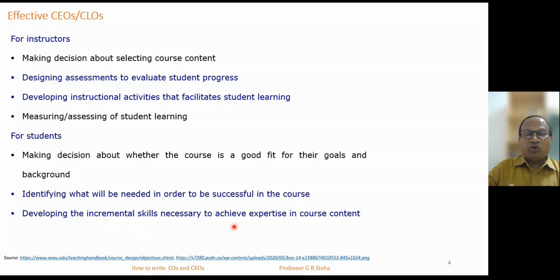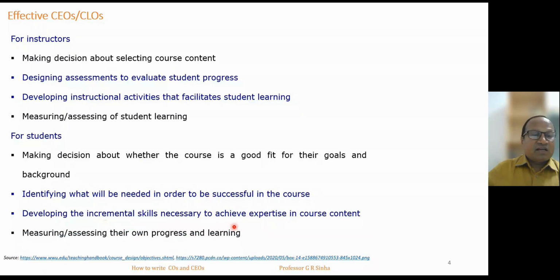So therefore, when you write effective course learning outcomes and objectives, that not only helps the faculty but also helps the students, and it helps them even more because in outcome based education, the concept of outcome and objective is more relevant in the context of the student centric approach. Measuring, assessing their own progress and learning.